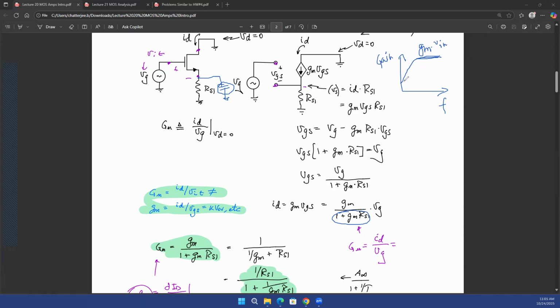And at lower frequencies, this would be GM divided by 1 plus GM RS. So at DC, it will be this times V in. Or basically, if you're plotting the gain, then GM times R out.